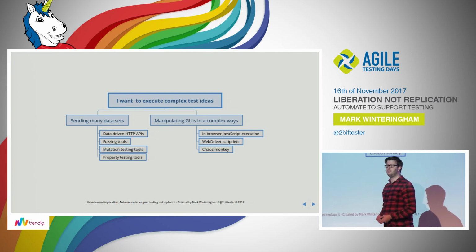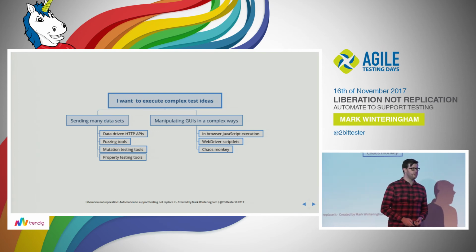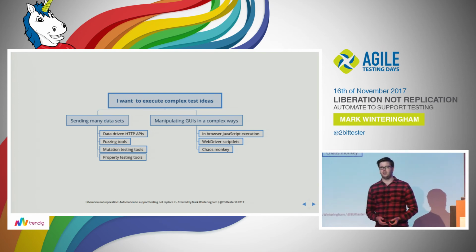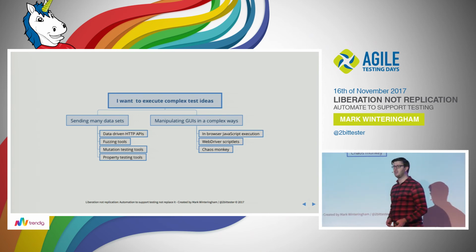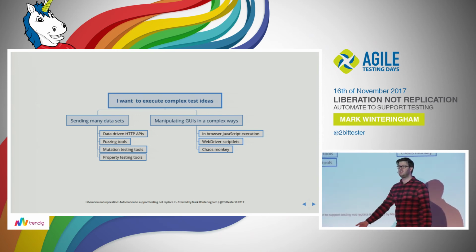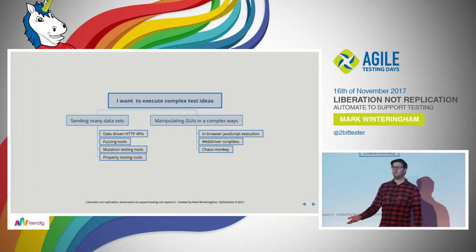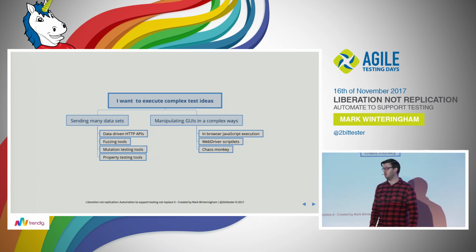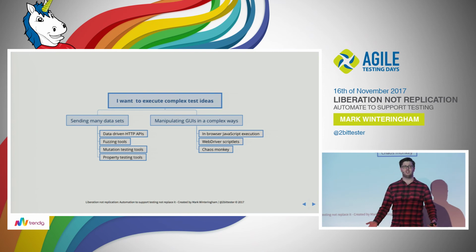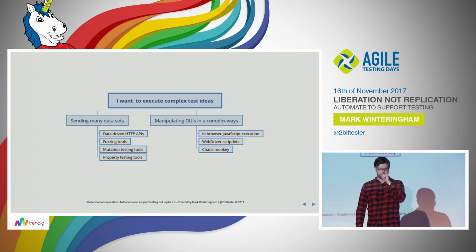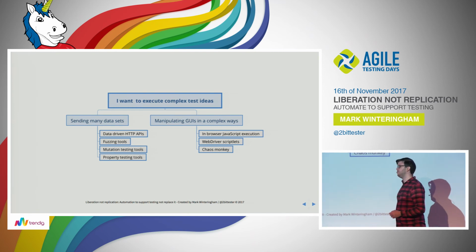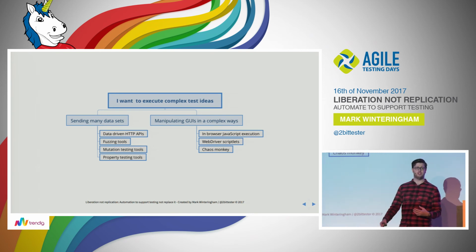Little WebDriver scriptlets. I see people using things like Selenium IDE, not as a means to do regression checking, but as a means to just fill in data for them and work with a GUI so they can just press a button, go off and do something else, come back, and it's done for them. And then things like chaos monkeys that I've seen being mentioned a bit.